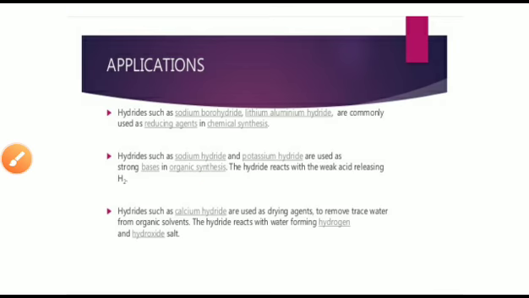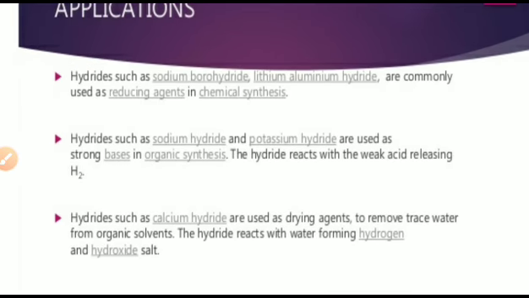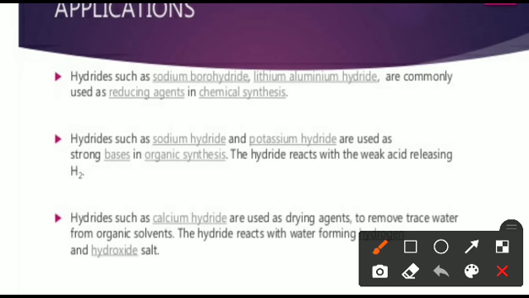Here are some applications of metallic hydrides. First, hydrides such as sodium borohydride and lithium aluminum hydride are commonly used as reducing agents in chemical synthesis. Second, hydrides such as sodium hydride and potassium hydride are used as strong bases in organic synthesis.